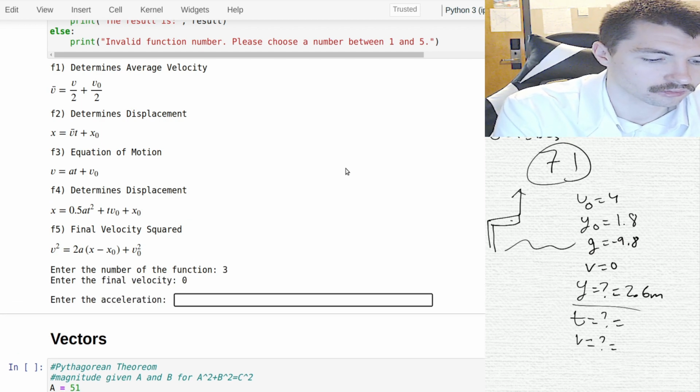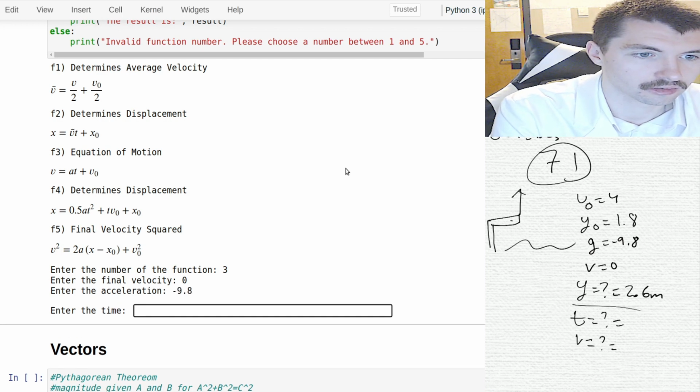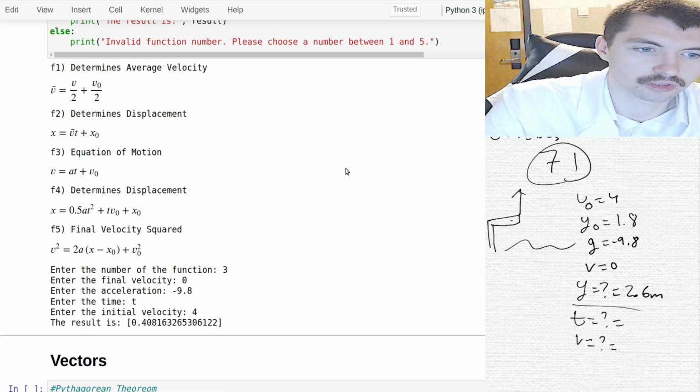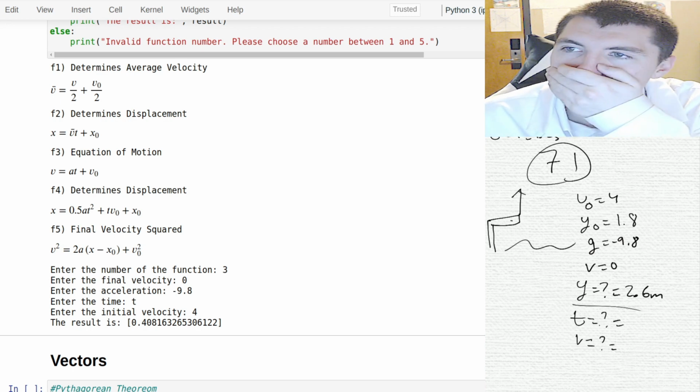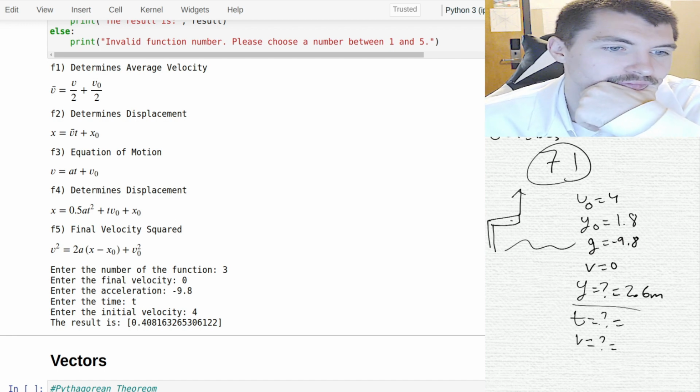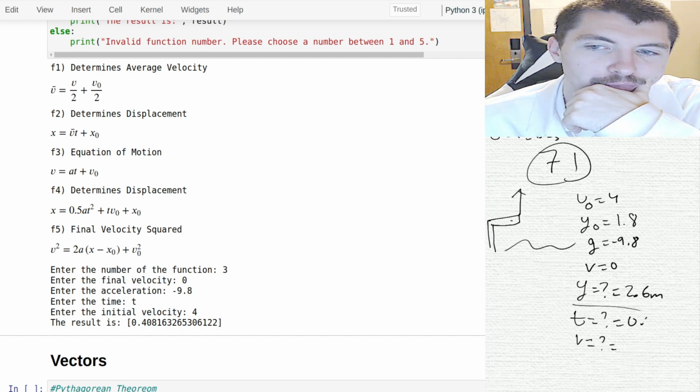Zero, 9.8, that's 4. So I'm getting 0.4 seconds.